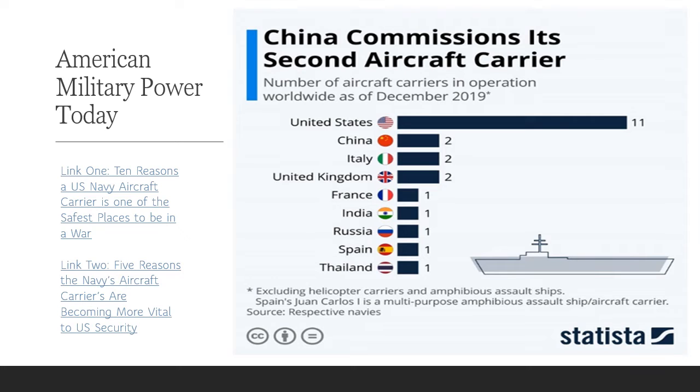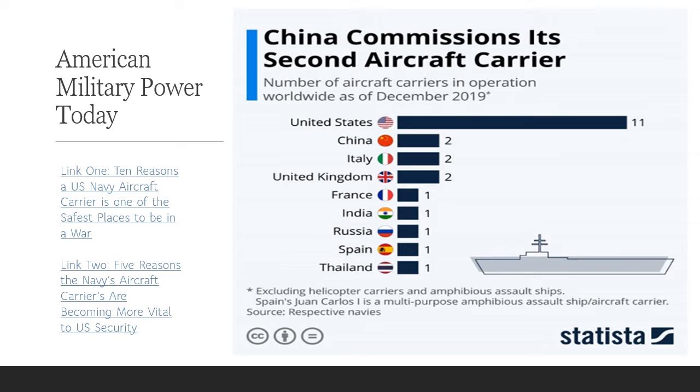But as we can see on the slide here, and as measured at the end of 2019, so maybe 10 months ago now, there were 22 aircraft carriers in the world, with the US owning half of these and hence being streets ahead of all other states when measured by this metric of world power.